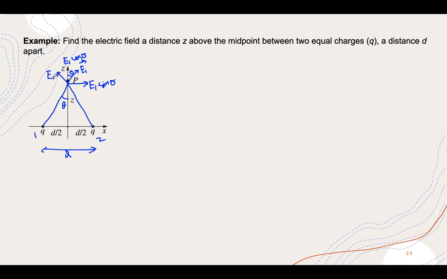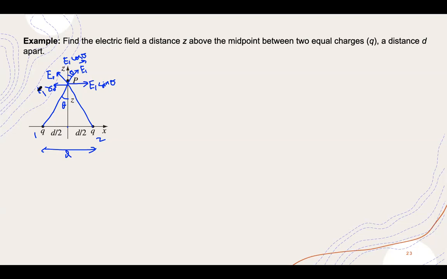Or in your convention, you can generally take E simply. Then again do the components here. So this is going to be E1 sine theta, and similarly in the z-axis, you're going to have E1 cos theta.